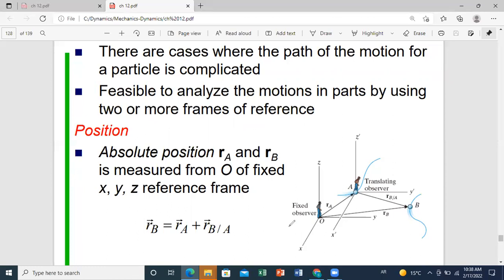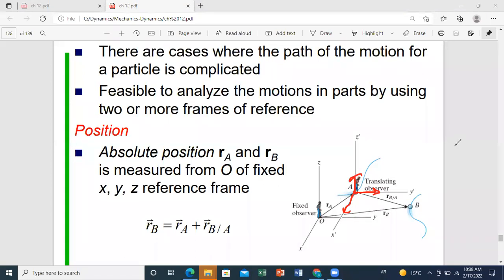So for example, let's say you have a car, or the man A is on his bicycle or motor, whatever you want. A is moving, and I'm considering a frame attached to A that is translating.